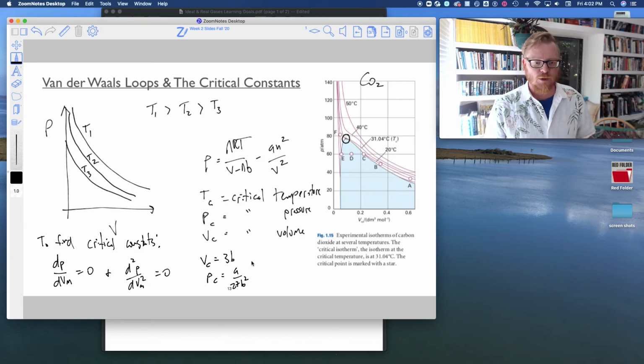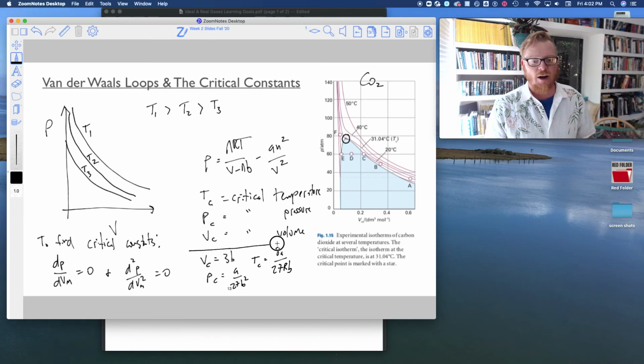And of course, these equations are in the book, right? This is not your only source to find these equations, right? And Tc, critical temperature, is 8a divided by 27Rb.